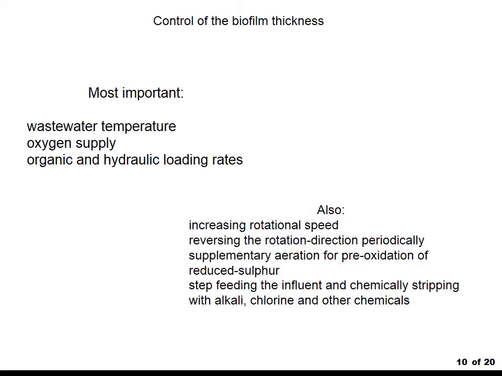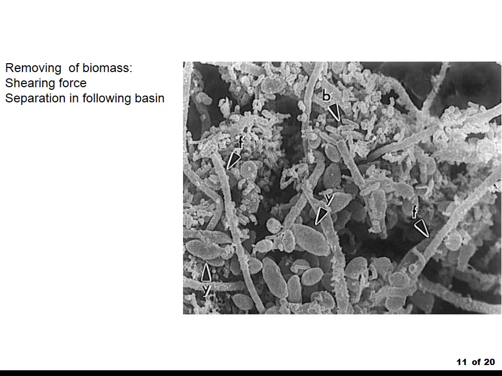Also, if we change the direction of the rotation or its speed, thickness can be controlled. But at one moment we need to remove part of the biomass, and that can be done thanks to shearing force. Precipitation is done, and then the sludge is removed to the following basin.